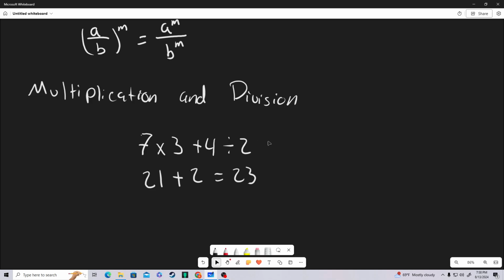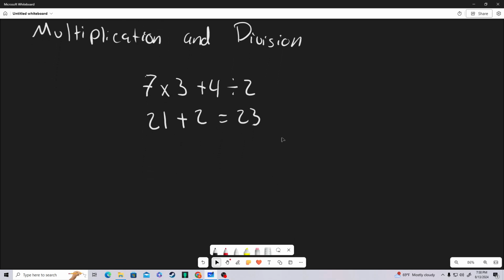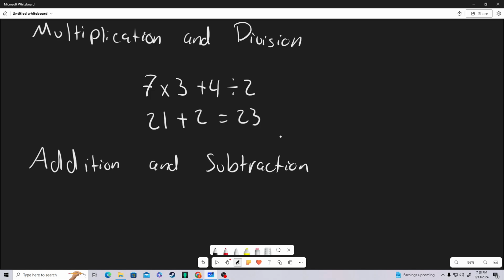And then step 4, addition and subtraction. We're also not going to go over addition and subtraction. Those also happen at the same time, just left to right.